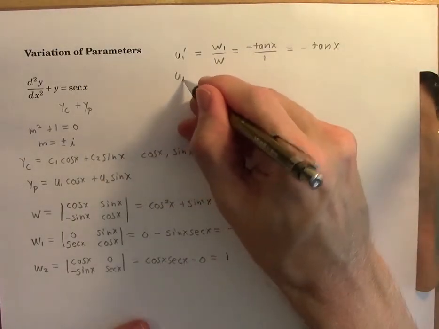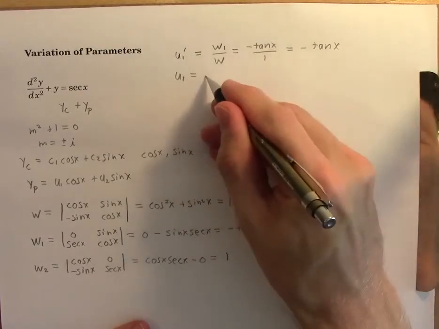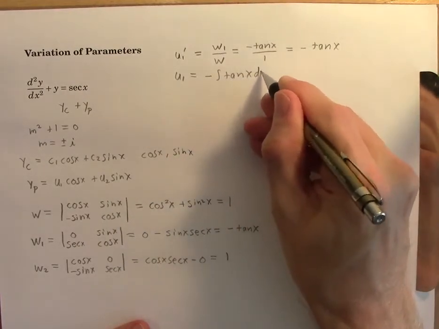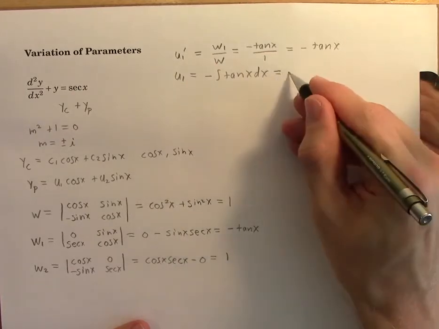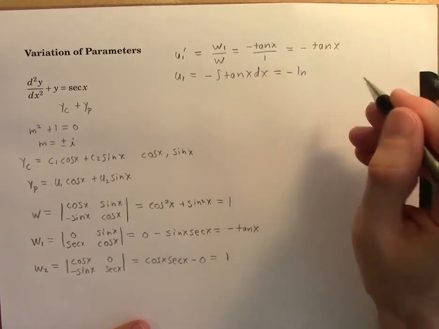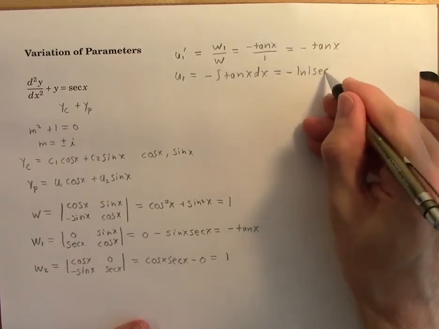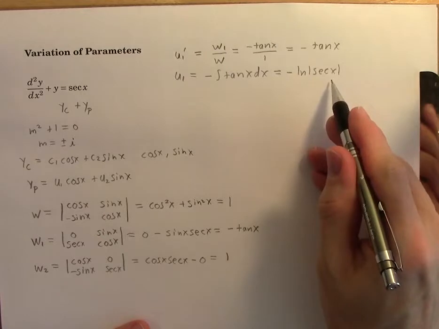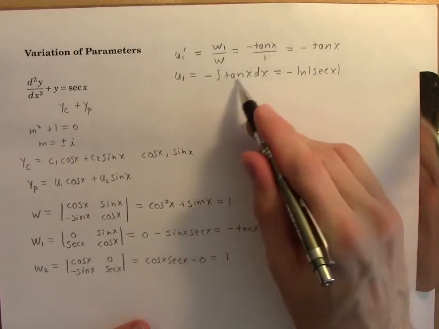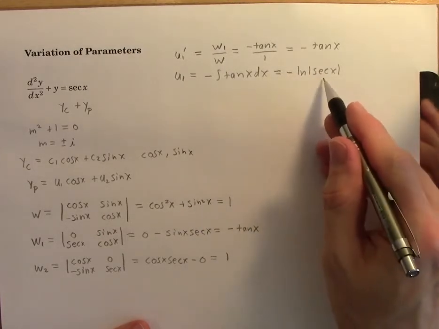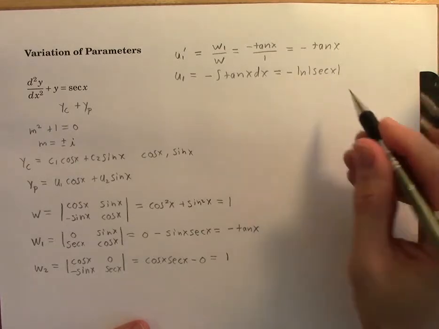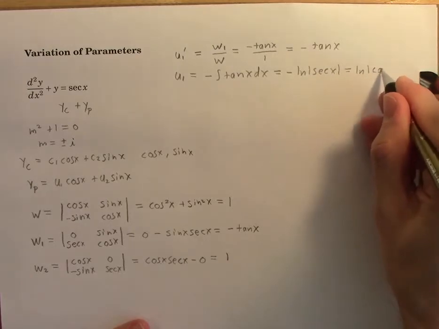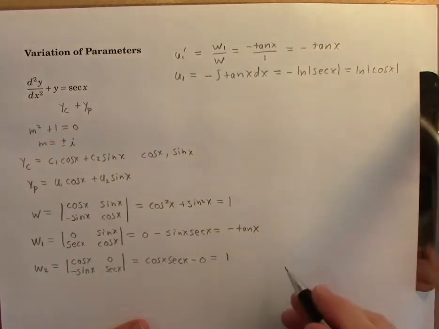So to get u1, we have to integrate. So we'll have the integral of negative tangent of x, and that's equal to negative logarithm of the absolute value of secant of x. Now there are actually different forms for writing this integral. The integral of tangent can appear different ways, and another way of writing this would be the logarithm of the absolute value of cosine of x.